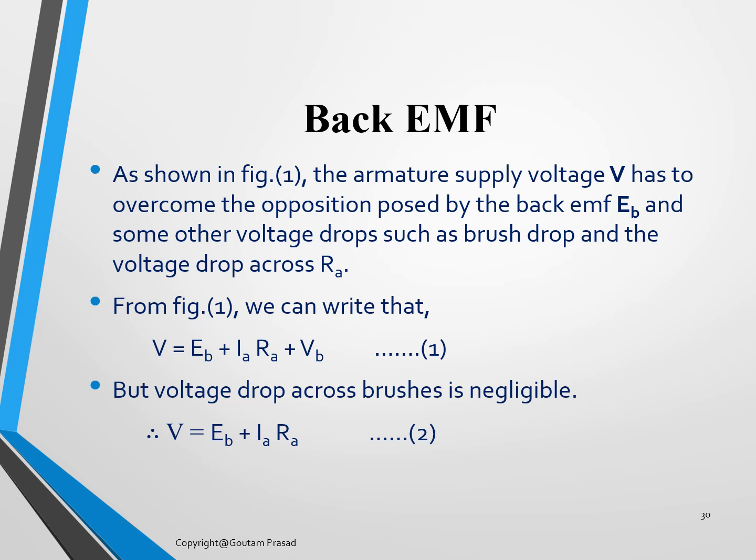So the complete equation becomes V equals EB, that is back EMF, plus the drop in the armature resistance, plus brush drop. But the voltage drop across the brushes is negligible compared to EB and IARA, so that can be neglected. The resulting equation, number 2, is V equals EB plus IARA.